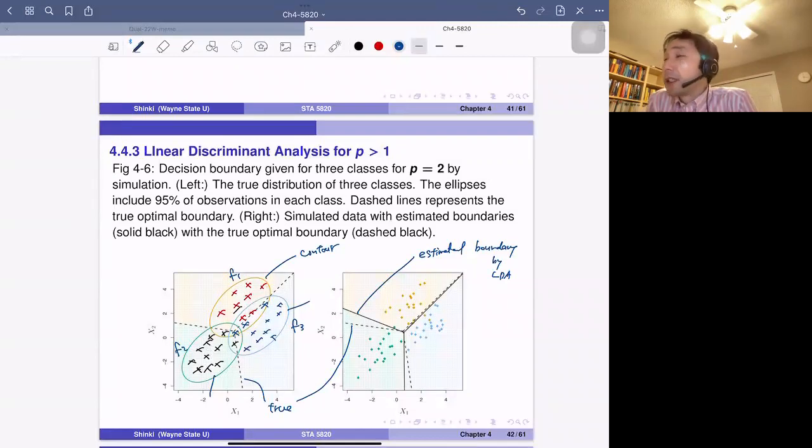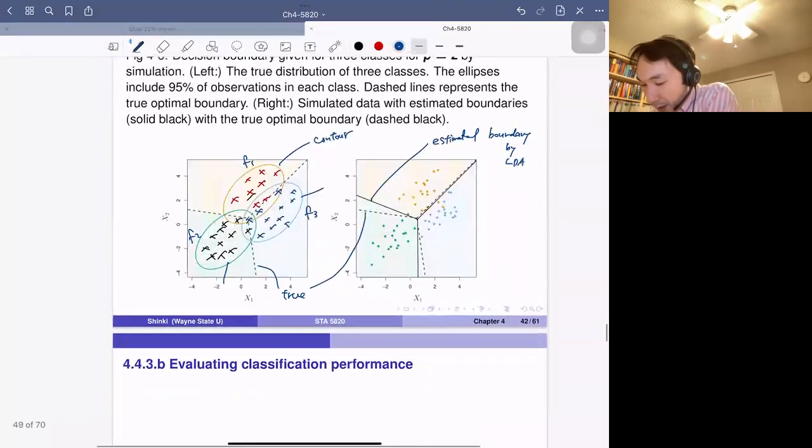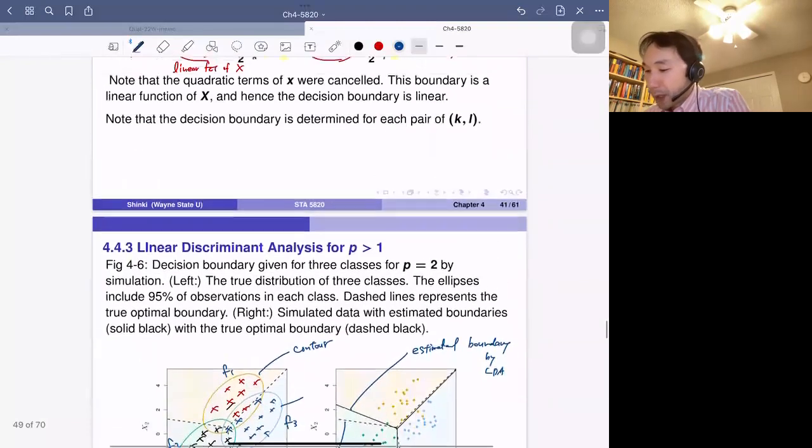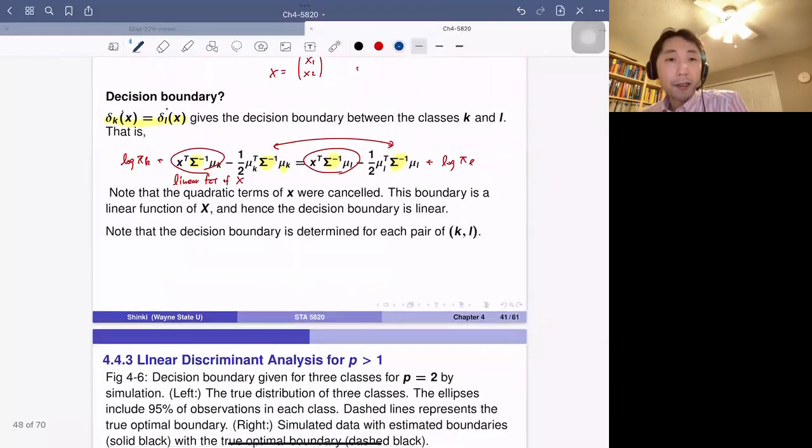In short, the original idea is to fit the density curve for each class, but based on assumptions we can say that the boundary is linear. We haven't discussed this idea, but linear discriminant analysis is better for more than 2 classes.